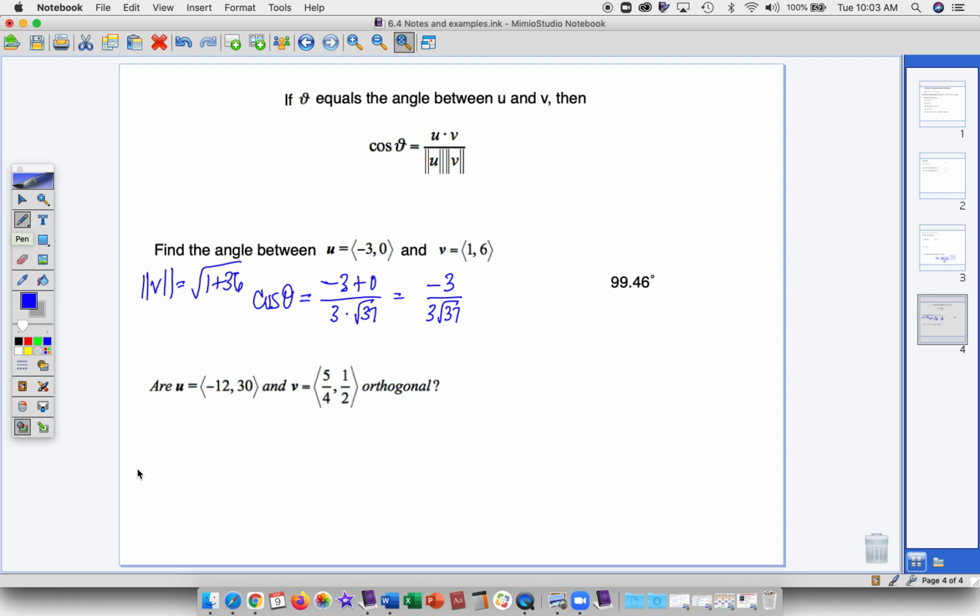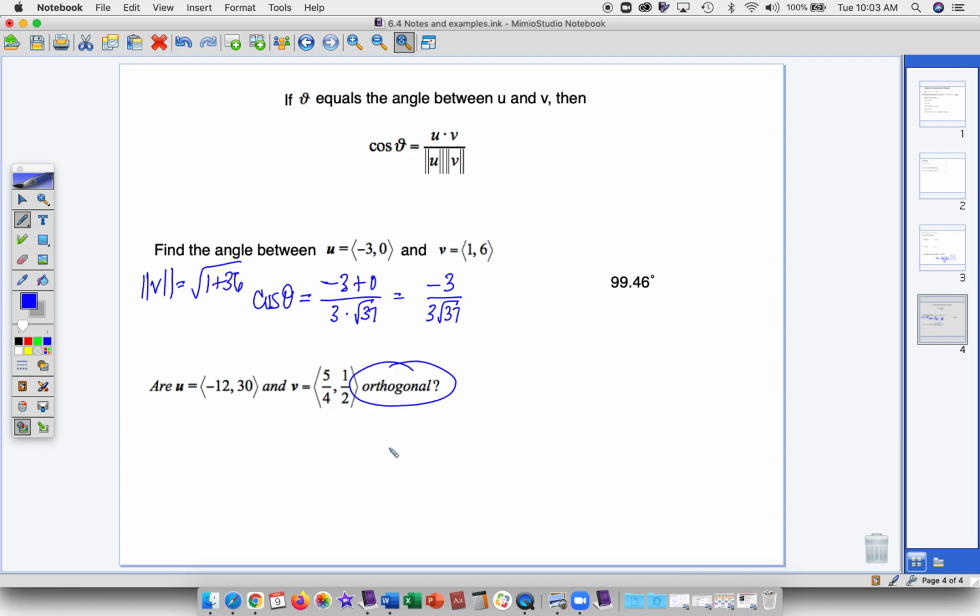Okay, our last question. Are u and v orthogonal? That word orthogonal means at right angles. Or are these vectors perpendicular to each other? So how would we determine that? If they're perpendicular to each other, what is the angle between them?